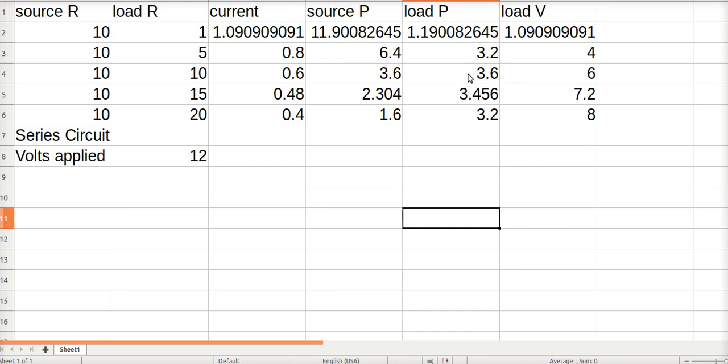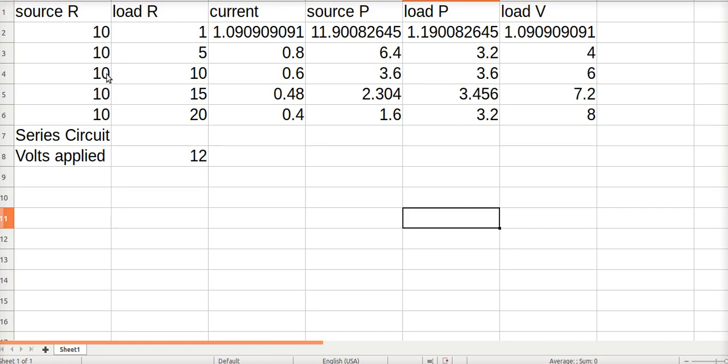Different way to say the same thing. On the other side of that, you see that it goes down. And so if you're trying to get the most power to your load, you want to make your load resistance equal to your source resistance.